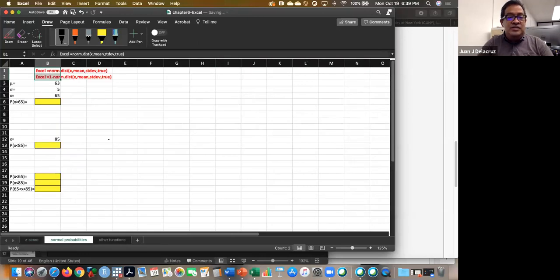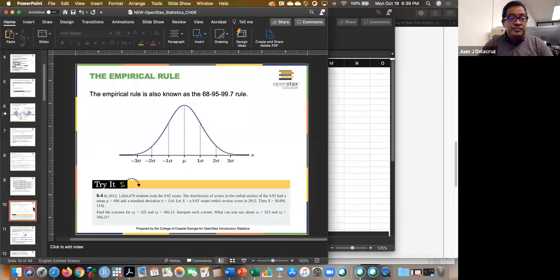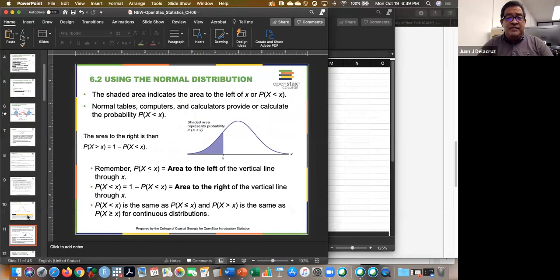So I use this second part. Let me go through this. We have the empirical rule. We were looking at the area under the curve. Remember, when you have a value that is less than k, my random variable is less than the value I want, that means I am measuring the area to the left.